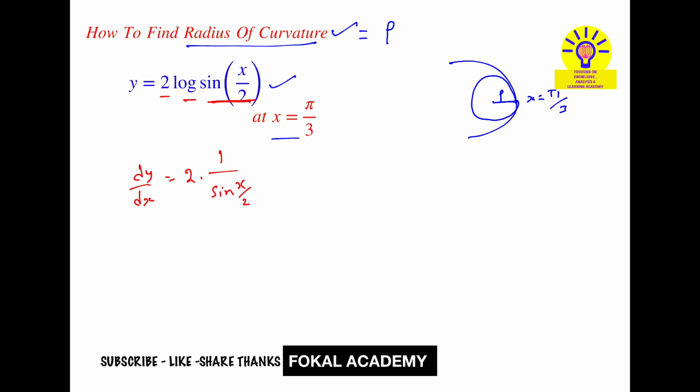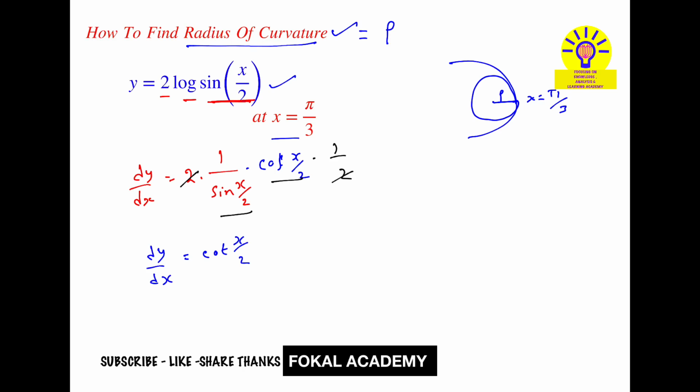Again sine of x by 2 is a function of x, so its derivative is cos x by 2. Again x by 2 is a function of x, whose derivative is 1 by 2. So the 2 cancels, and cos x by 2 by sin x by 2 is nothing but cot x by 2. So that is dy by dx.